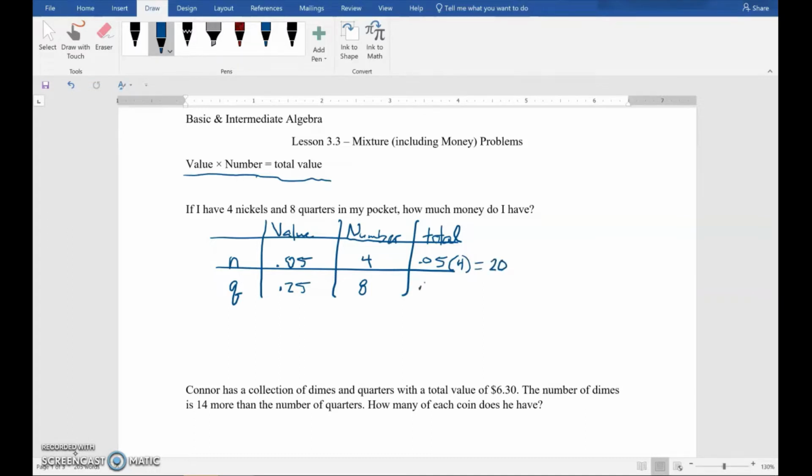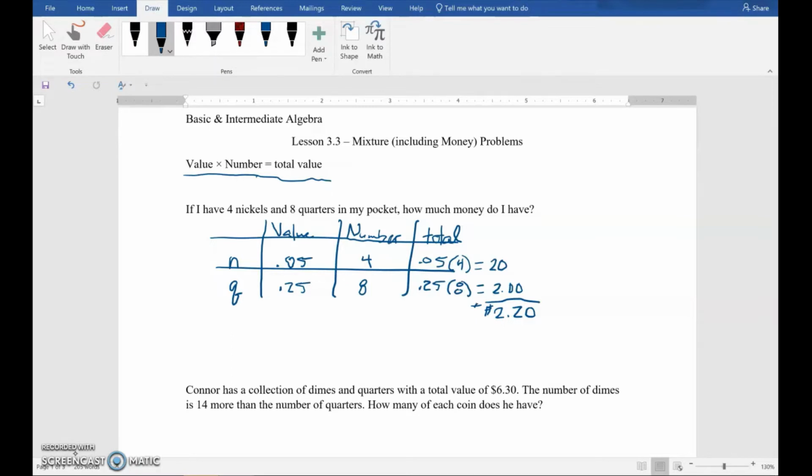Then we do something very similar for the quarters. If I have 8 quarters, that'll give me $2. If I add those two together, that gives the total value I have in my pocket, so I have $2.20. That's the process that we're going to do.